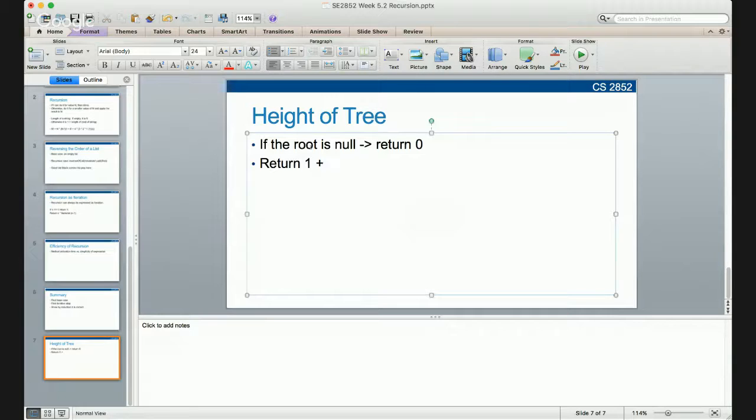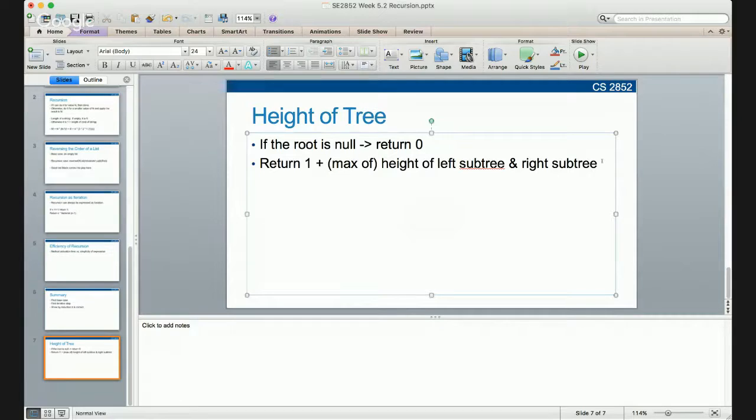Wait, do we do the left subtree or the right subtree? We find the maximum, whichever one's larger, the maximum of the height of the left subtree and the right subtree.